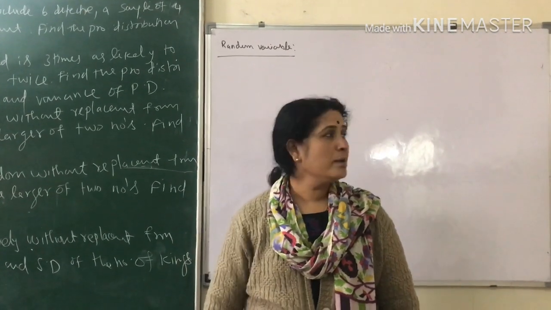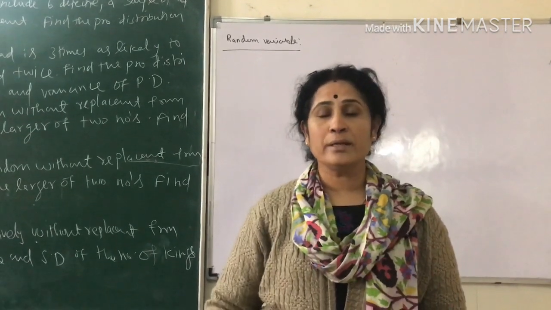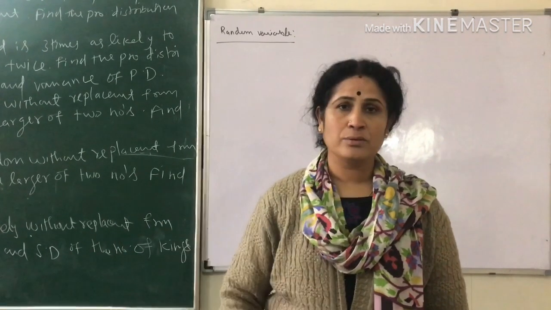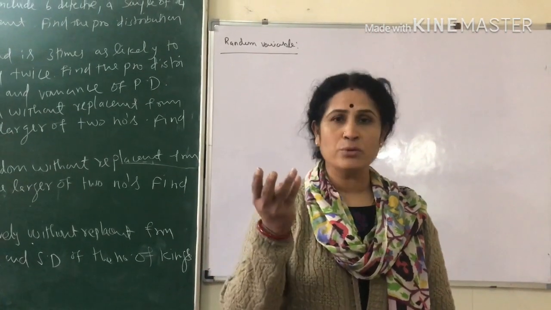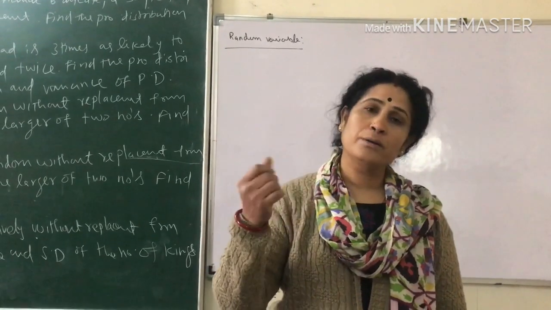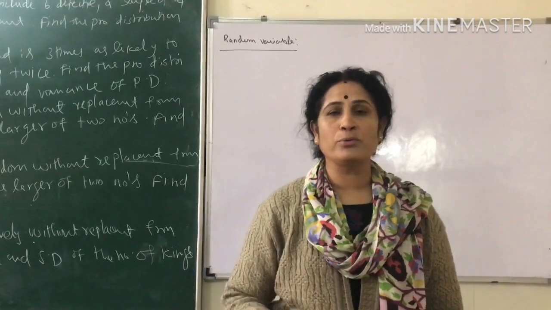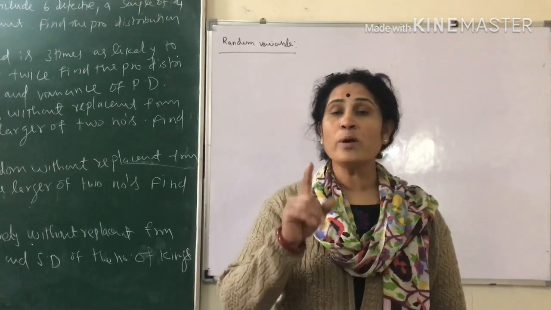For example, a coin is tossed 3 times. Getting a head is a success. So what are the possibilities of success? Maybe 0 success. You know how to describe the sample space of a coin tossed 3 times; we have 8 outcomes. Now what is X?